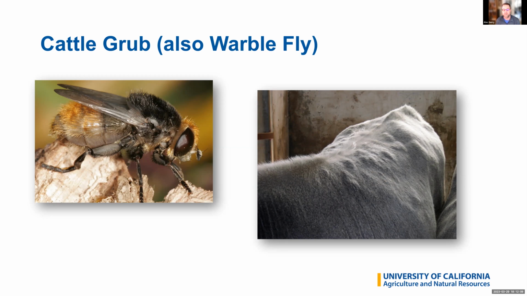I know only one of the group here indicated cattle grub were a problem currently, although I am hearing more and more issues with cattle grubs, particularly in areas where they are practicing organic beef production and organic dairy production as well. So I'm anticipating we're going to start seeing cattle grub return to North America in a way that we haven't seen for a long time.